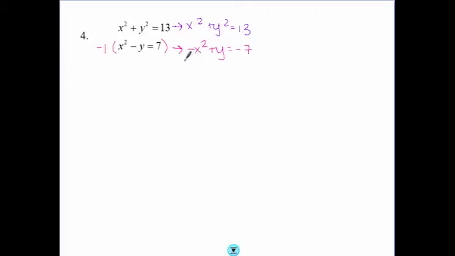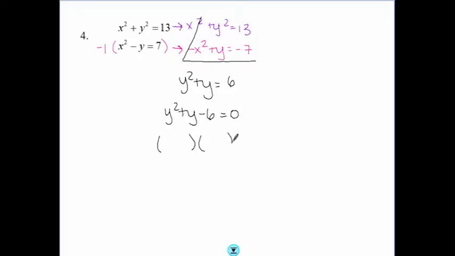So when I add these two equations together, the x squared terms cancel out, and I'm left with y squared plus y equals 6. Then I need to set this equal to 0 and factor to solve for y. So I get y squared plus y minus 6 equals 0.